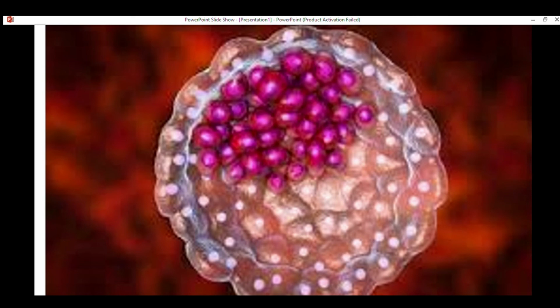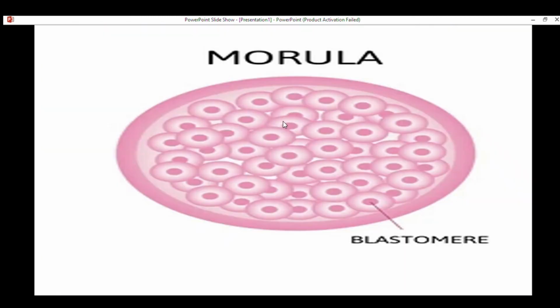Then blastomeres form a morula. It is formed by undergoing compaction, that is, tight junctions are formed between the cells. The outer mass is tightened by sealing of the inner mass. Uvomorulin is a glycoprotein found on the surface of blastomeres that is involved in this packing.